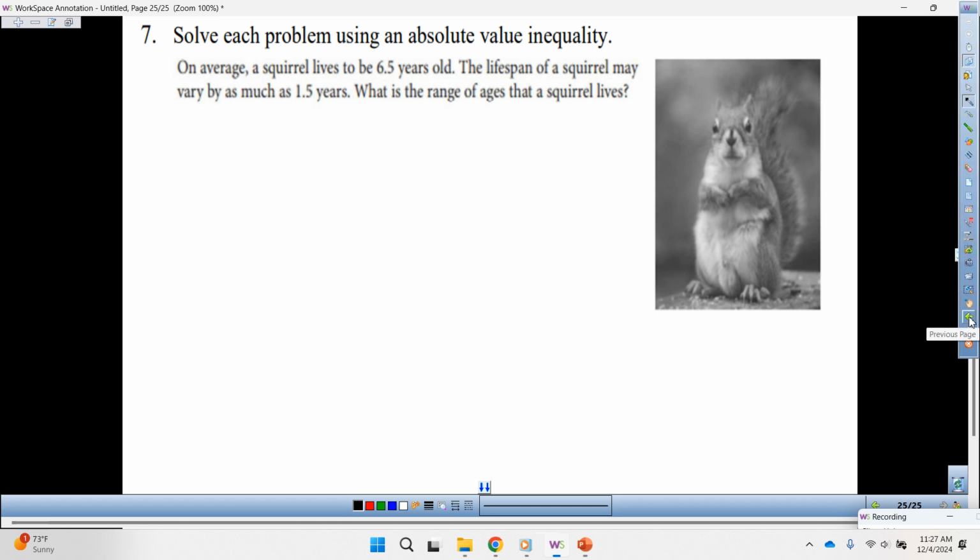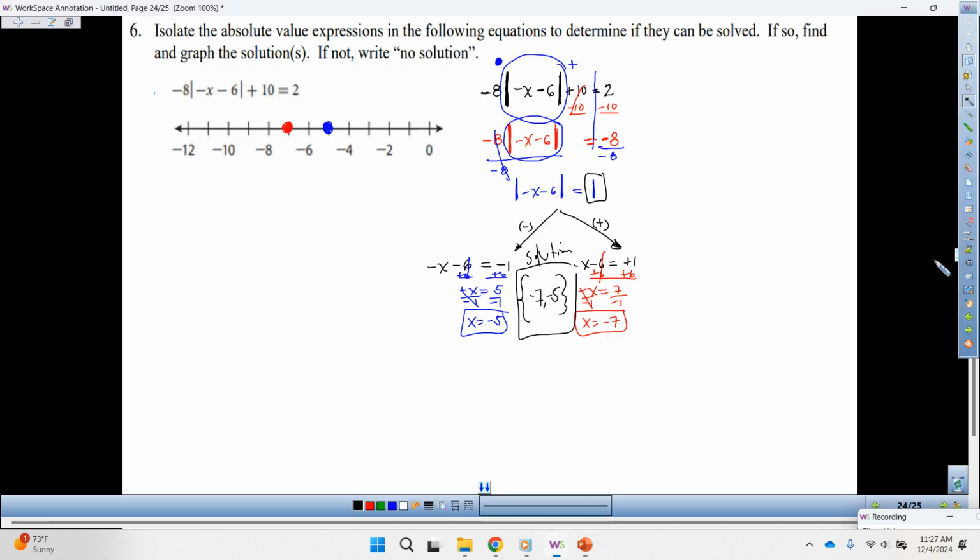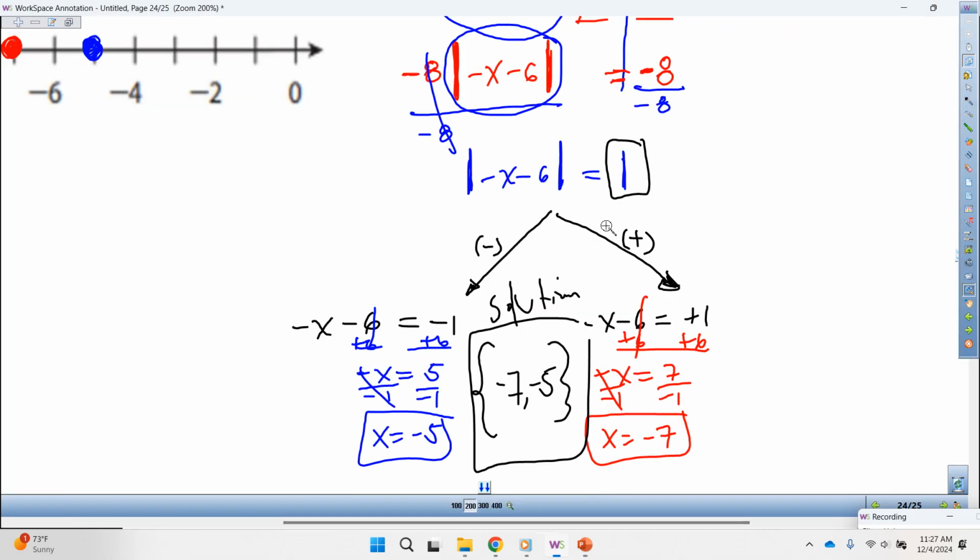Now, before we answer this one, look up, please. Look at the absolute value, and I'm going to look at from here. Look at this part. Which of these numbers becomes positive and negative? Tell your neighbor. Gio, which one?